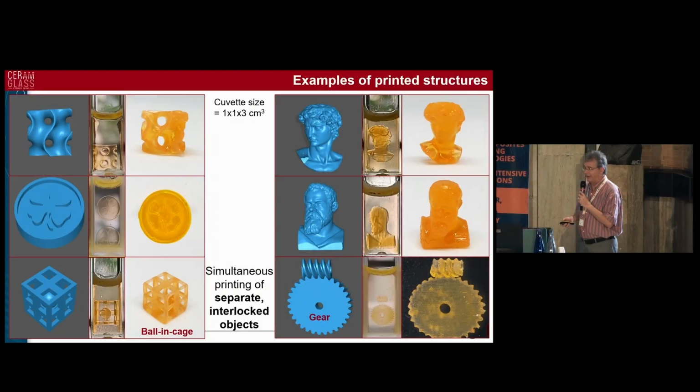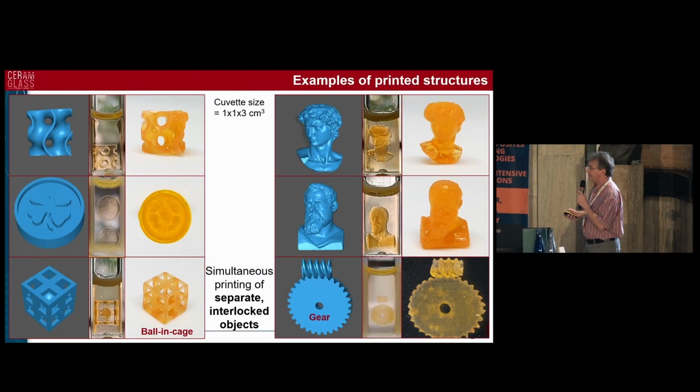And you can see here that these are, of course, the parts that we wanted to print. This is Galileo. He taught at the University of Padova for 18 years. And you can see that we can print quite accurate parts. These are all based on preceramic polymers.